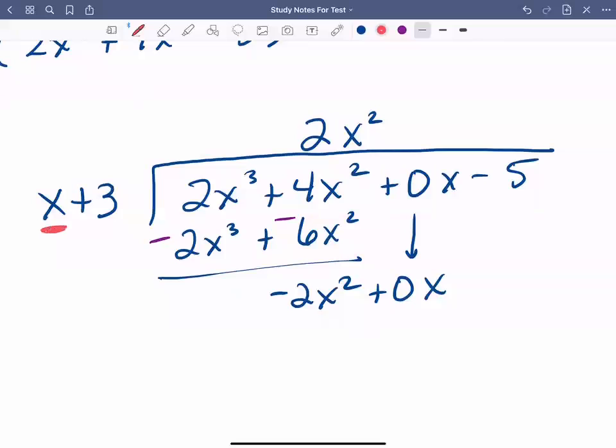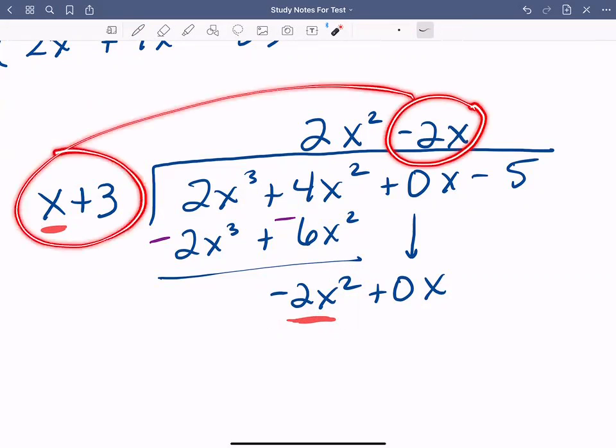Next, we focus on x, our leading terms here, and negative 2x squared. So we say there's a 1 here. 1 times what gives us negative 2, and that is negative 2. Then we look and say here's 1x. We need 2 of them, so we are missing 1. Next, we're going to say negative 2x times this binomial, x plus 3.